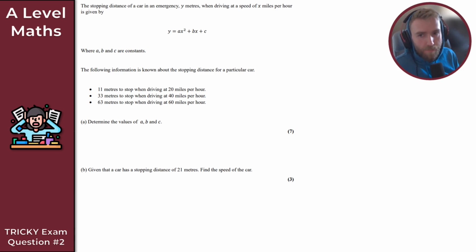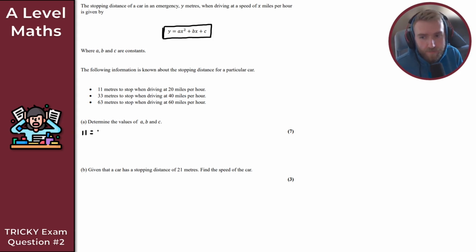Based on that information, and using this equation here, given that y is the stopping distance, we get 11 is equal to ax squared. x is the speed we're driving at, so 20 miles per hour. 20 squared is 400, so I get 400a plus 20b plus c. That's our first equation. Let's label that as equation 1.